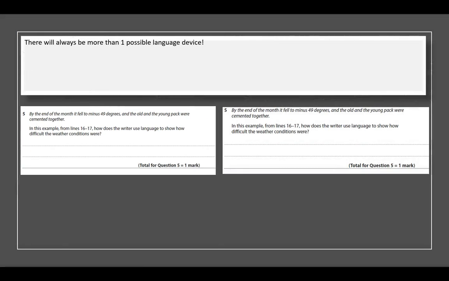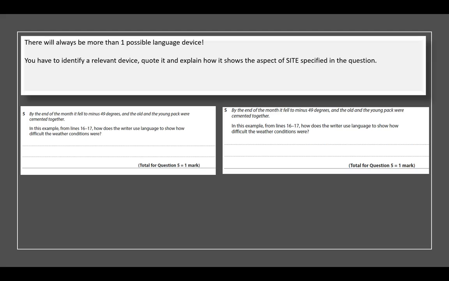Now, there will always be more than one possible language device in the quotation that you are provided with. What you're being asked to do is to identify a relevant device, a device that is relevant to the question that's been asked. In your explanation that you provide in response, you must quote that device.